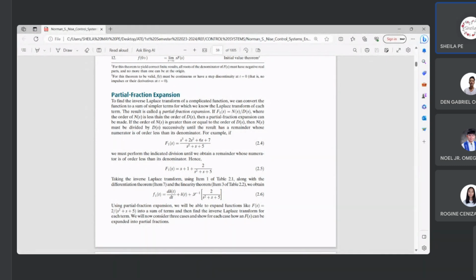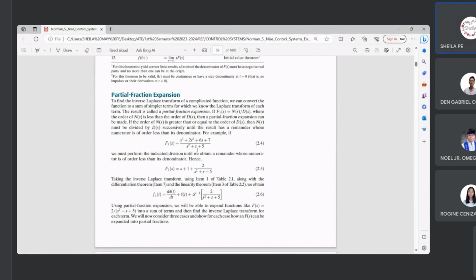But if the order of N of s is less than the order of our D of s, then we need to follow partial fraction decomposition. Okay? So if the numerator is linear and the denominator is linear, we can go ahead and do simple inverse Laplace. But if you are solving complicated functions that you need to invert, then you can make use of partial fraction expansion.